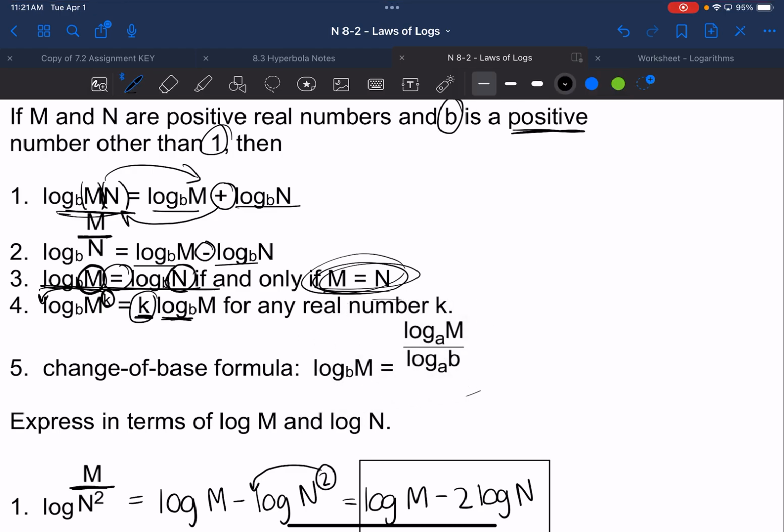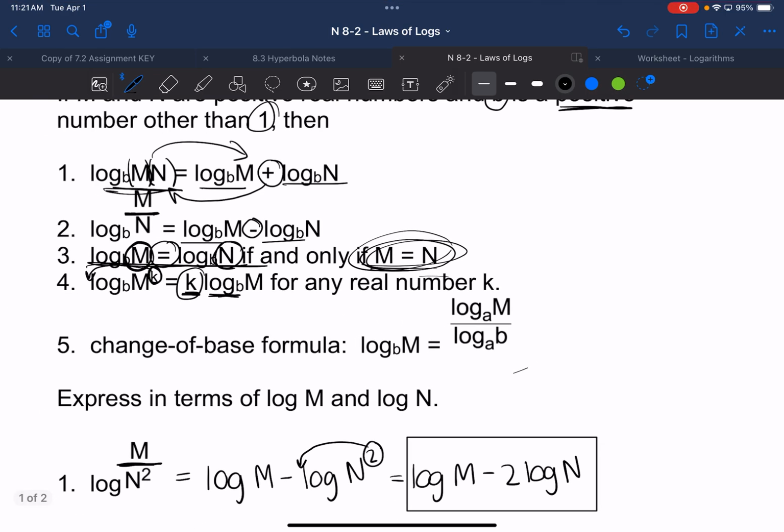Okay, so again, the change of base formula says whatever your base was, you can change it to whatever you want it to be. All you need to do is rewrite it as a fraction, and m, the part that was right here, goes to the numerator, and b, your original base, goes to the denominator.